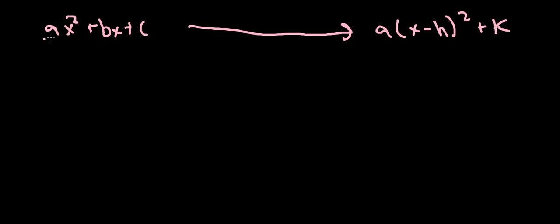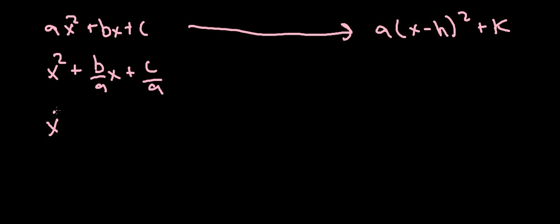So the first thing to do is to divide out this a, because we have x minus h, so we want x by itself. So the first thing I do is I get x squared plus b over a x, so what I've done is I've divided out all the terms by a, plus c over a. Now the next thing to do is to complete the square of this.